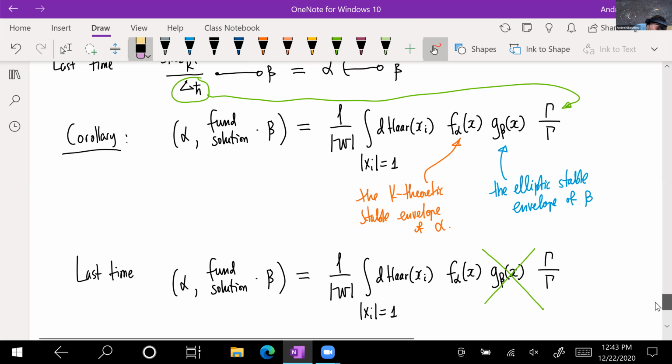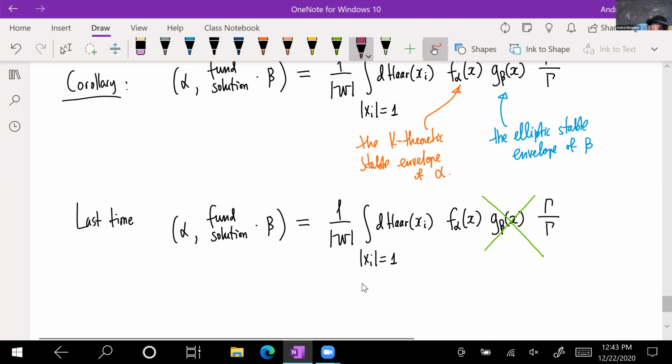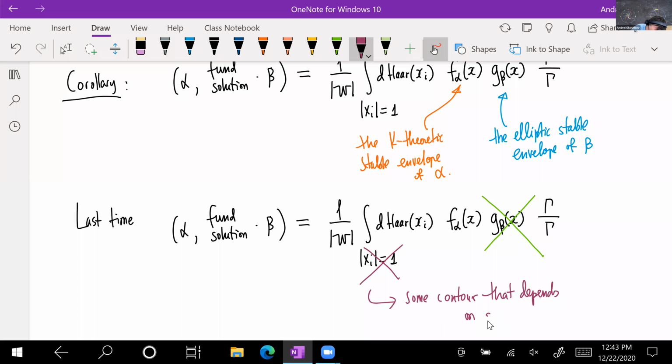And instead of this, there was some contour here. So this would be replaced by some contour that depends on stability condition.